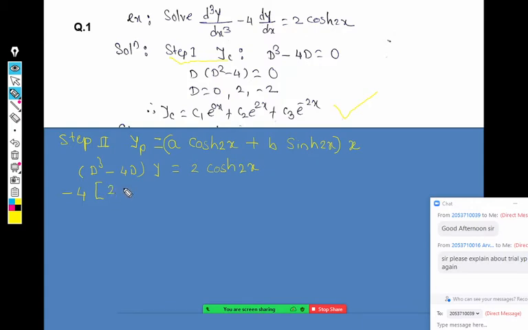This is 2a sinh 2x plus 2b cosh 2x, and into the derivative of x, which is 1, plus (a cosh 2x plus b sinh 2x). That is about minus 4D of y.